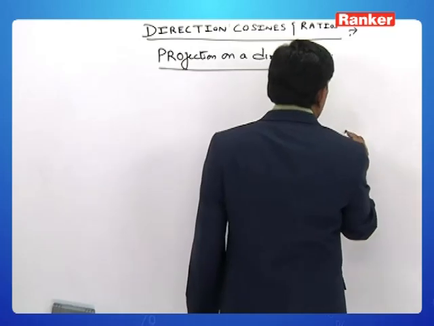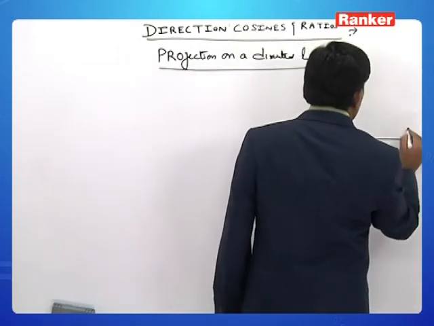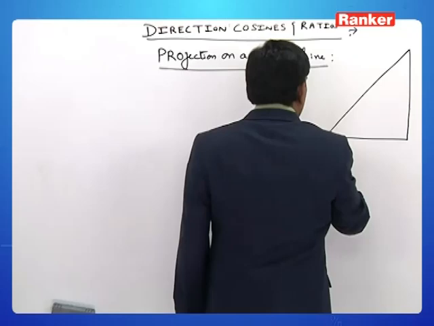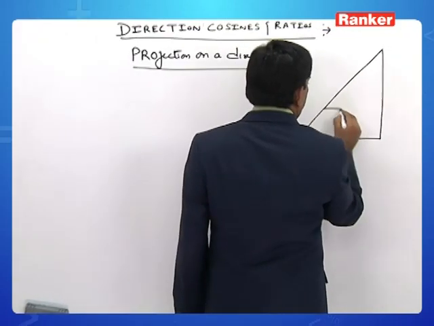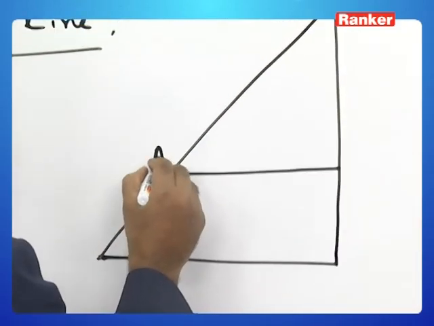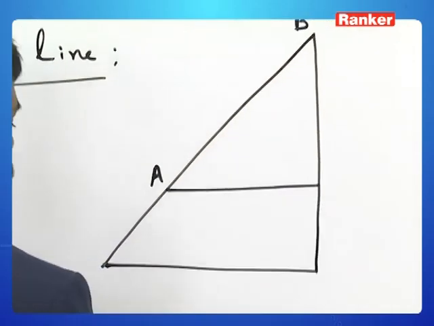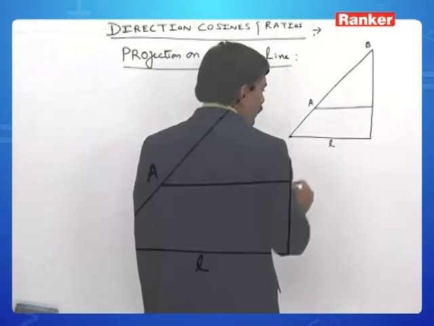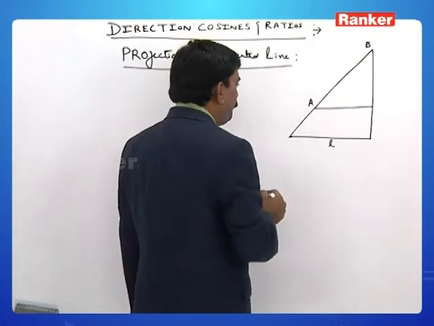You take these 2 points, A and B. Let L be the directed line.